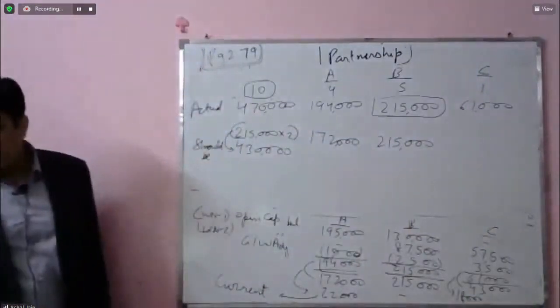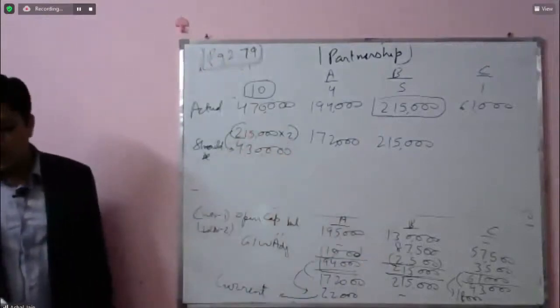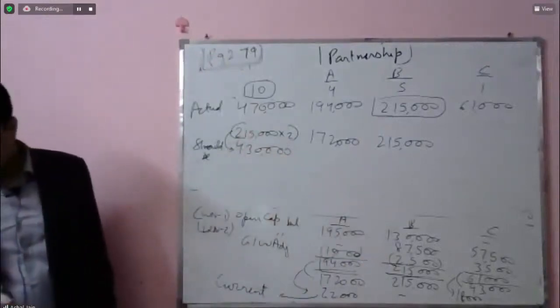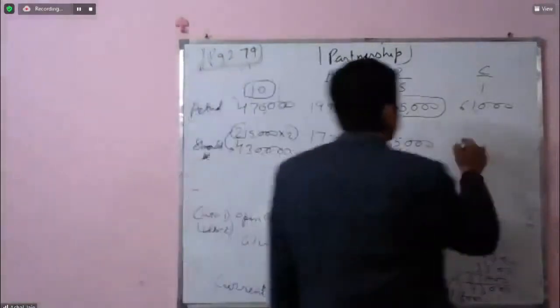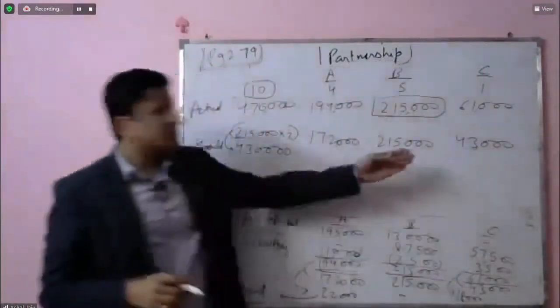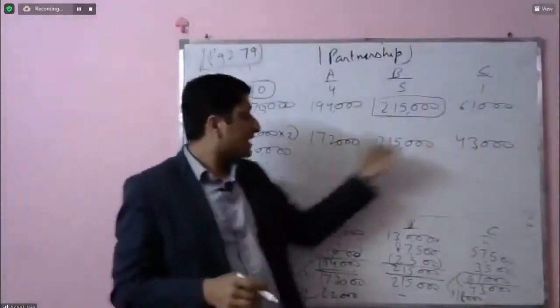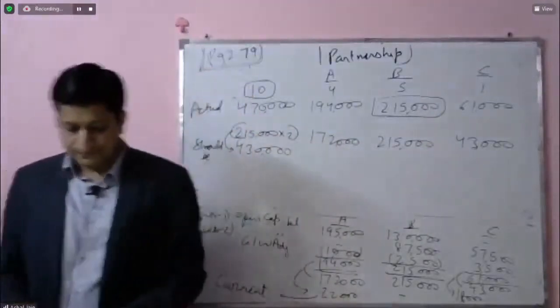And for C, we can very simply assign the balance amount over there. What's the balance amount? The balance amount comes out to 43,000. Or you can compute it for C and compute the balance for A. Clear?